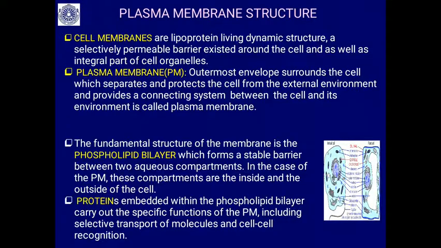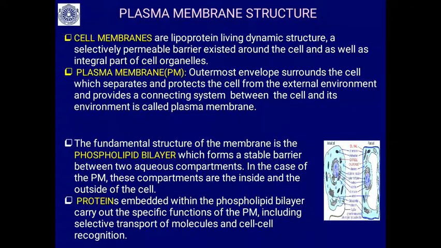The fundamental structure of the membrane is the phospholipid bilayer. The main constituent of the membrane is the phospholipid bilayer, which forms a stable barrier between two aqueous compartments. So, the outside and inside aqueous compartments are separated by the plasma membrane; the phospholipid bilayer acts as a barrier.